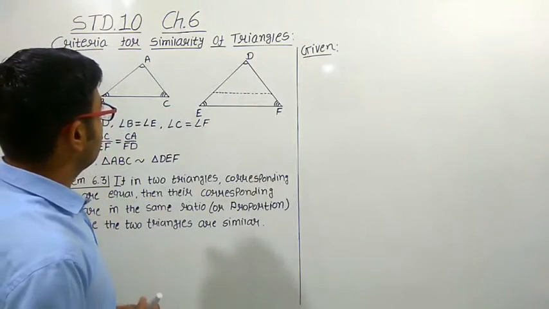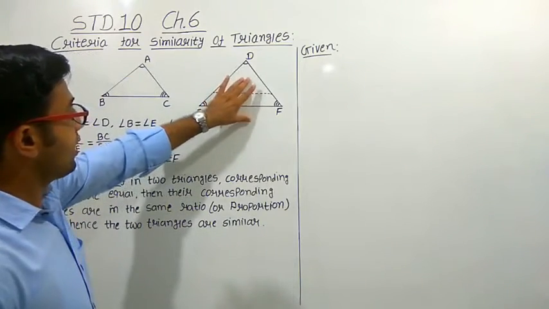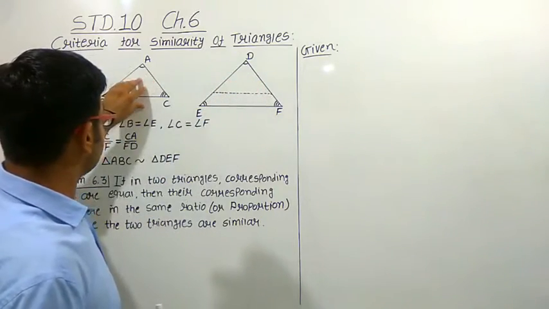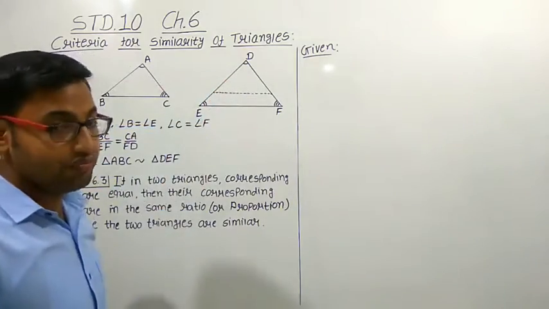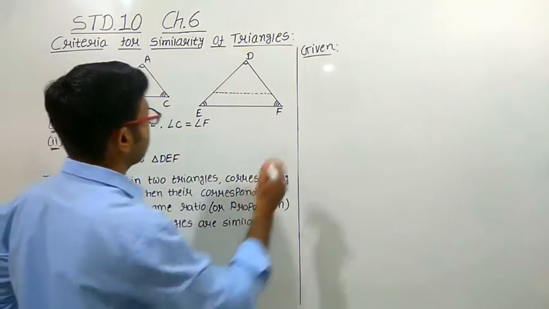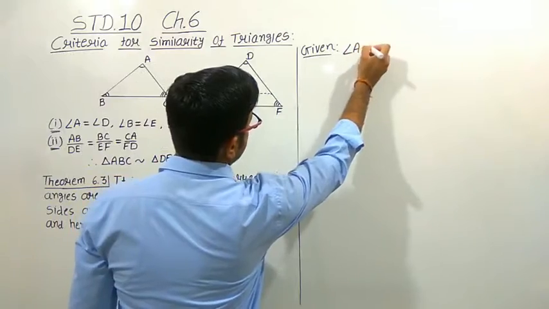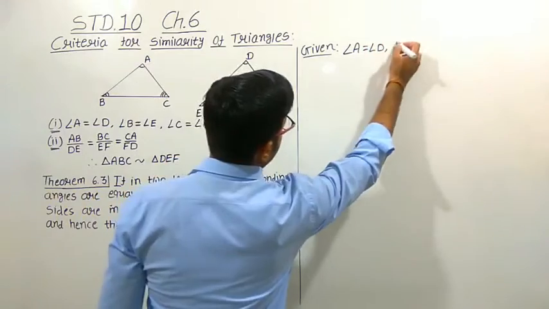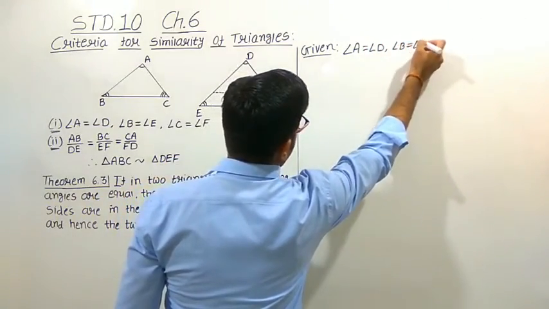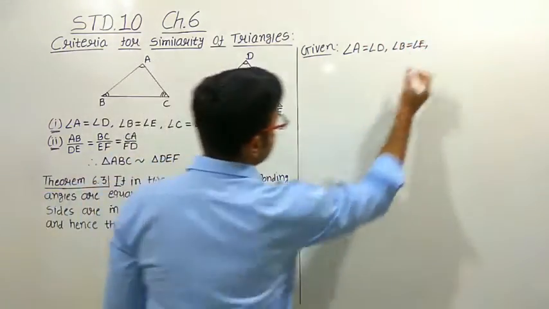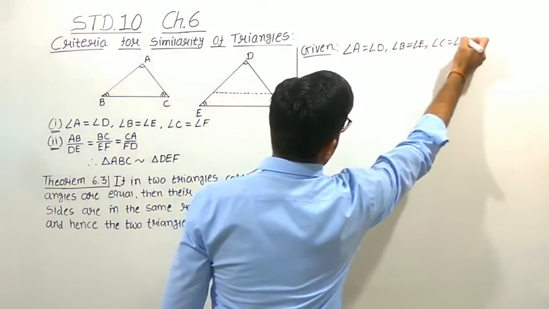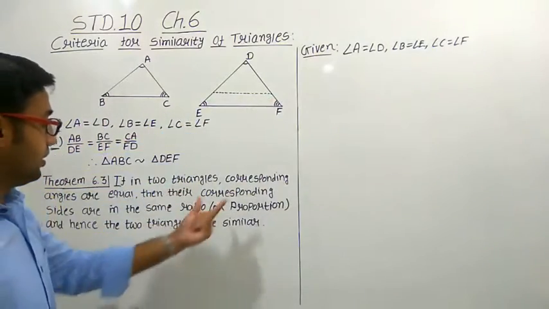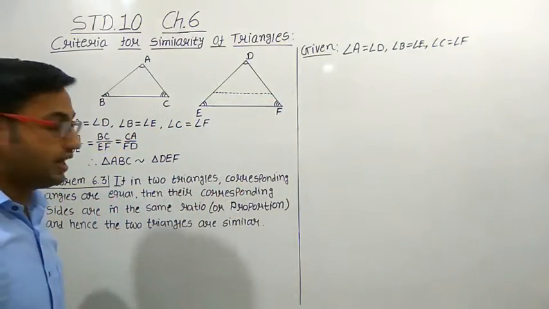Currently we can see that the two triangles do not have the same size. This is the smaller triangle, this is the greater triangle. But the given conditions are that angle A is equal to angle D, angle B is equal to angle E, and angle C is equal to angle F. That means the corresponding angles are equal.